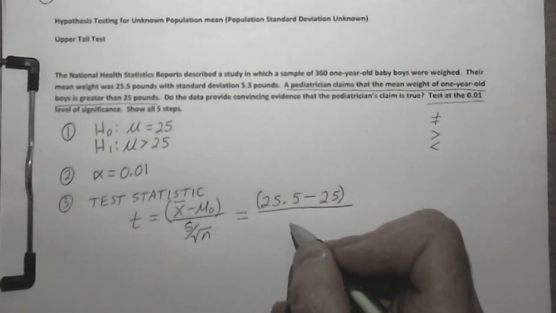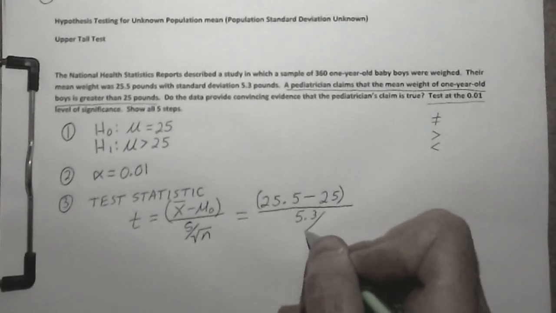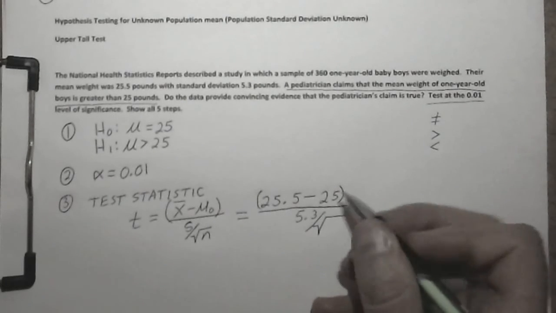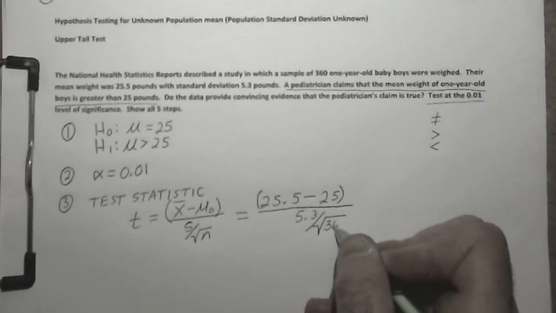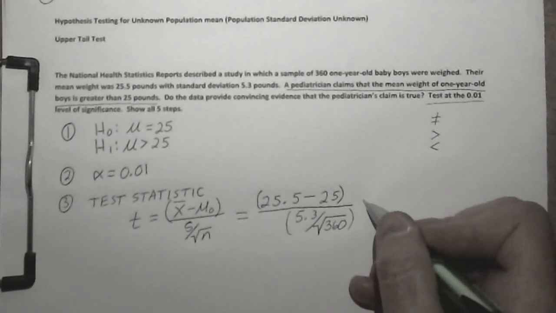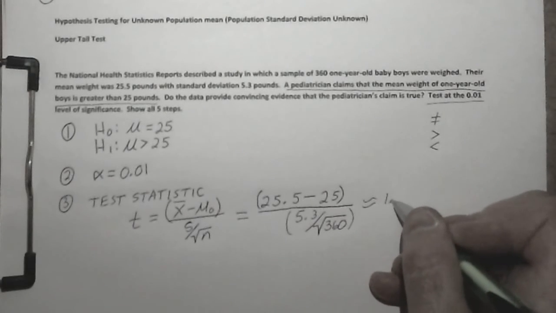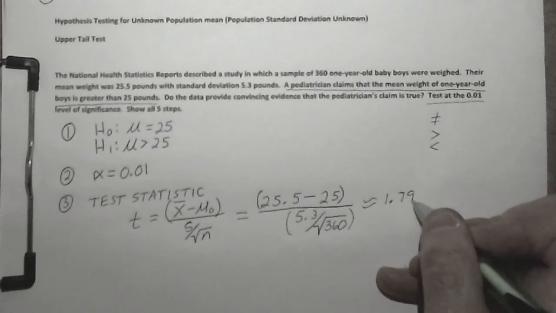So the standard deviation of our sample is 5.3 pounds, divided by the square root of the sample size, and the sample size is 36 babies who were randomly surveyed. After dialing this up on your calculator, you should get a test statistic of approximately 1.790.